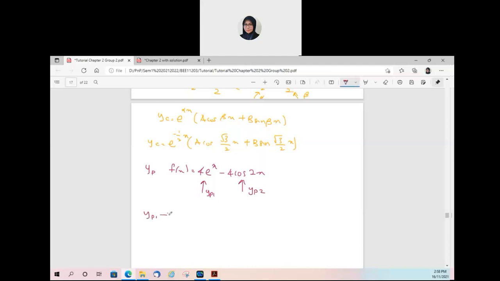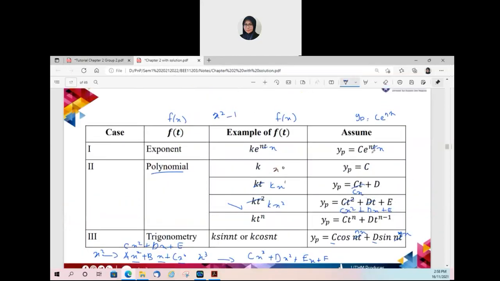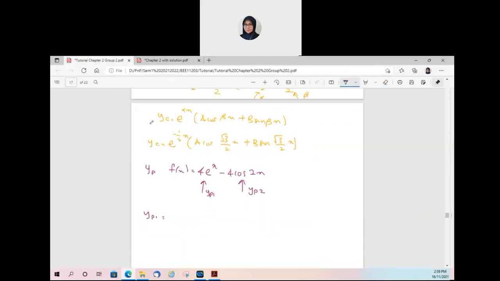Okay, so yp1, okay, based on your exponent here. yp1 will be, kalau exponent it will be CE kan. So this one will be CEX. Okay, so you check your YP1 and YC.